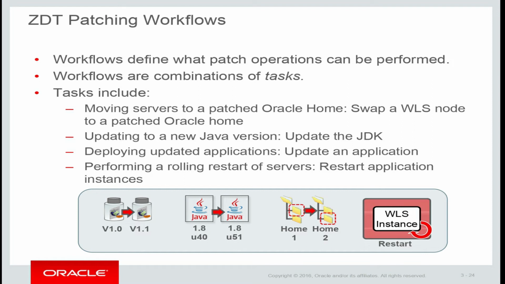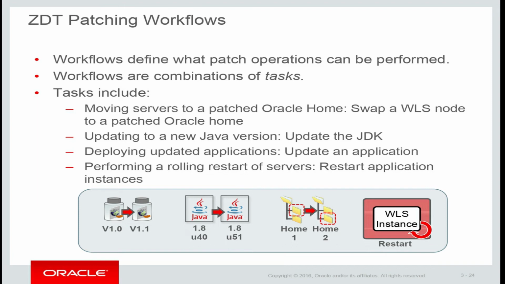What it does is switch your home, updating from one home to another, and ultimately it restarts the WebLogic instance. Whatever upgrade, update or patching you have to do, you do it, and then restart your WebLogic instance to take effect of the new updated version.